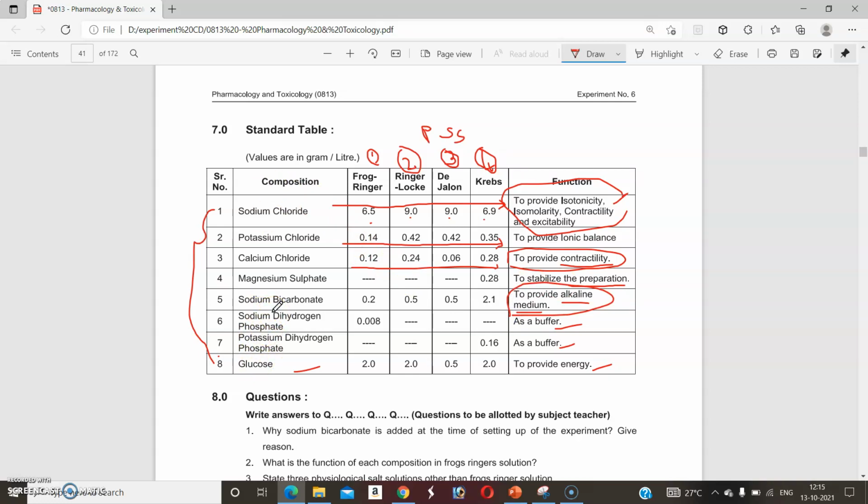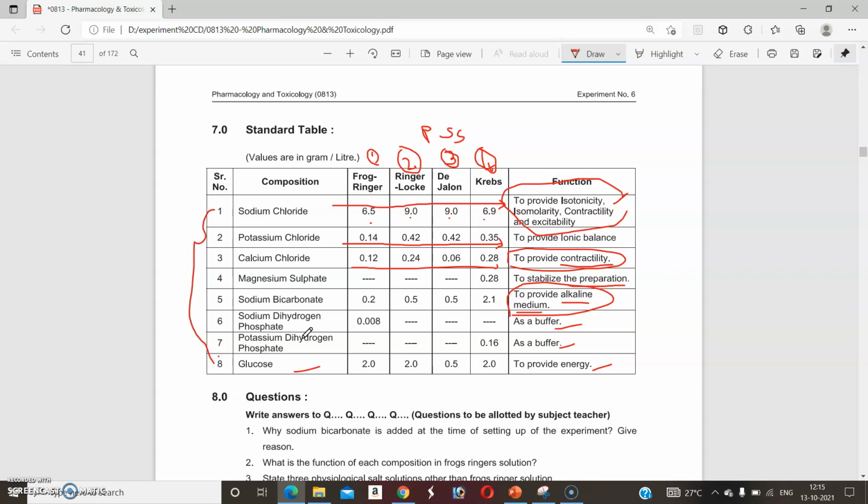Before going to the next experiments, all of you should know what PSS is, what chemicals are used to prepare this physiological salt solution, and what the role of those chemicals is. In short, all these chemicals keep the tissue, organ or muscle alive throughout the experiment, and this is the use of physiological salt solution.